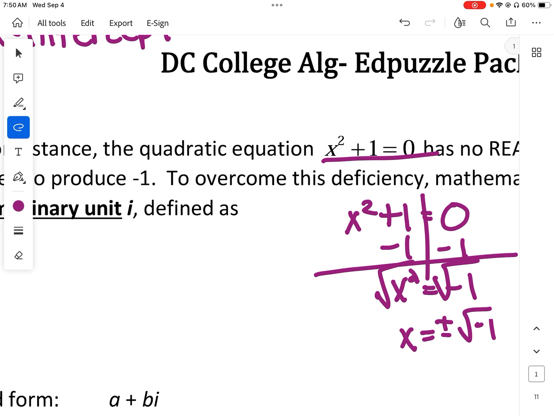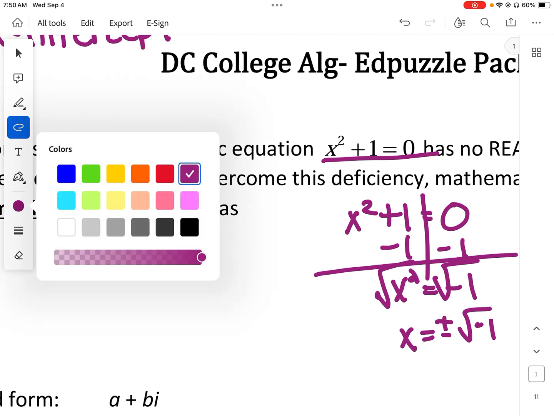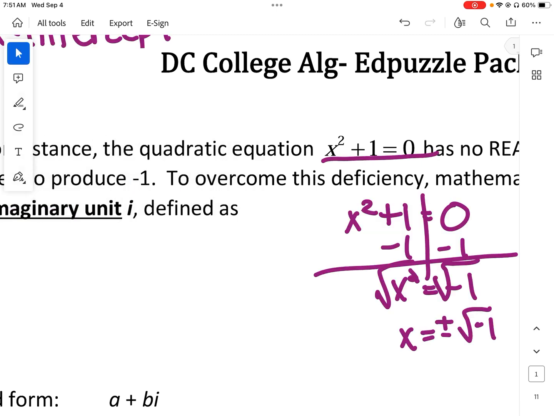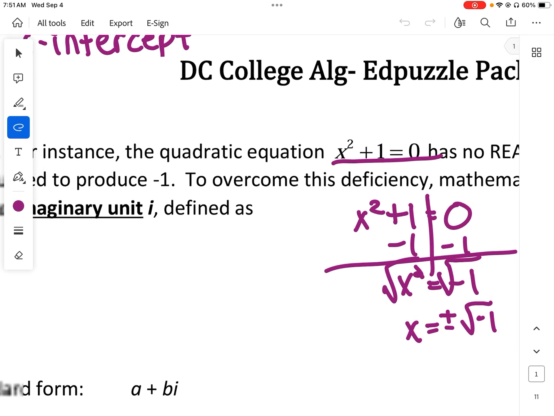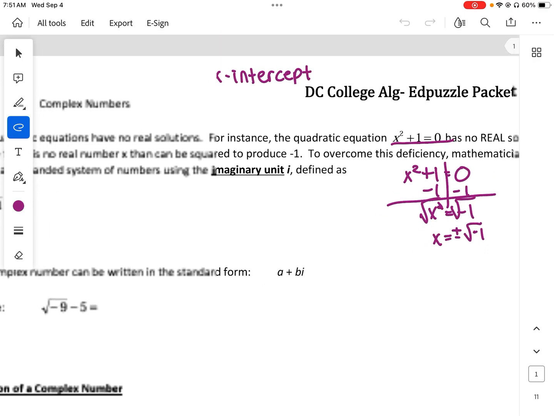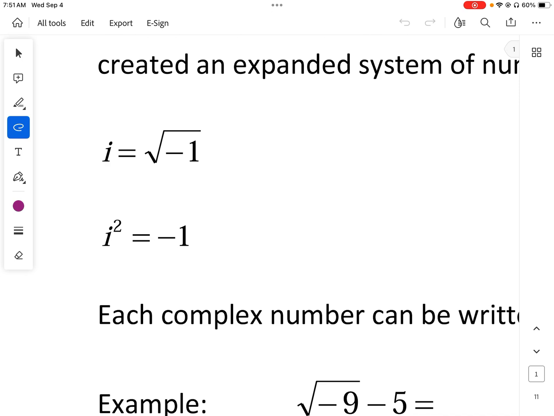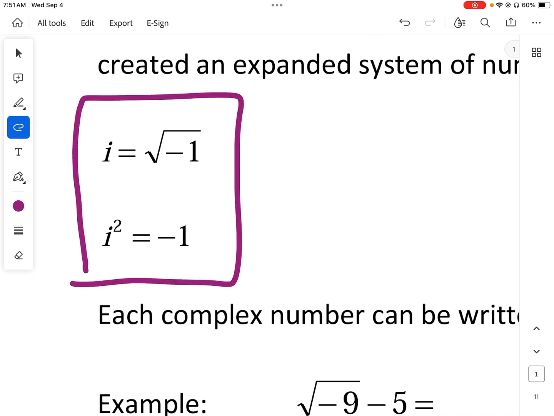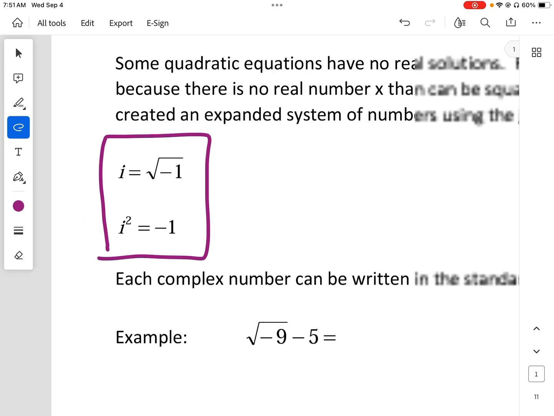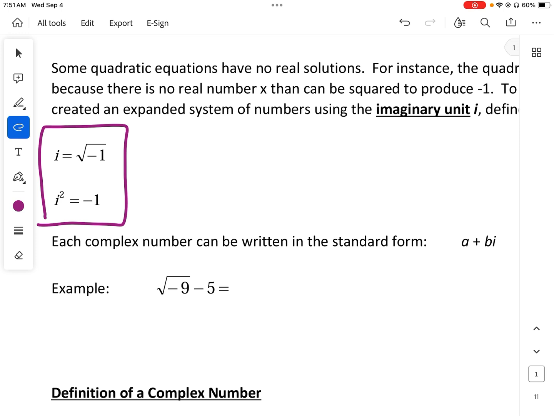That is not going to work, because you can't square root a negative. There's nothing that it will equal. So this is where we get into imaginary numbers. This is important to remember: i is the square root of negative 1, and i squared equals negative 1. We're going to refer back to that quite a bit.